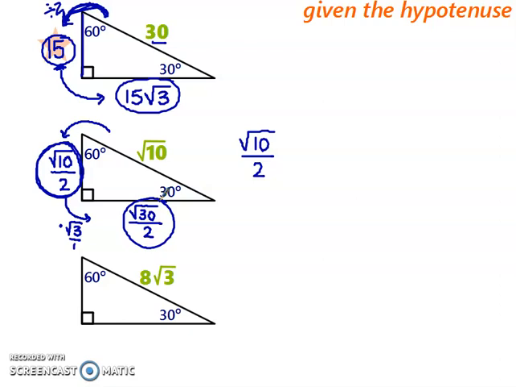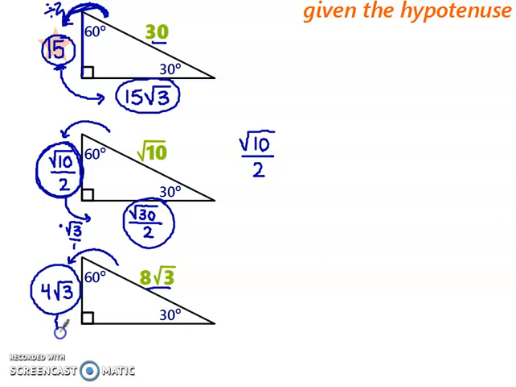One more of those. If I give you the hypotenuse, which one do you want to find first? Always the short leg. And what am I going to do? If I want to make a smaller number, I should divide by 2, yeah? Divide that by 2 and we get 4 square roots of 3. That's what half of 8 square root of 3 is.